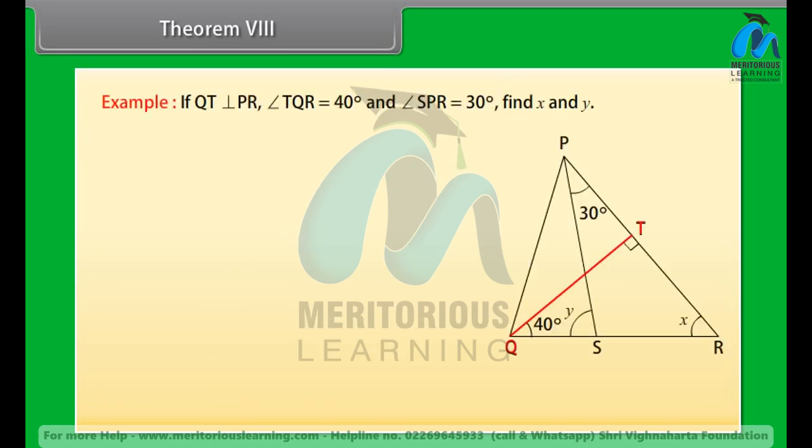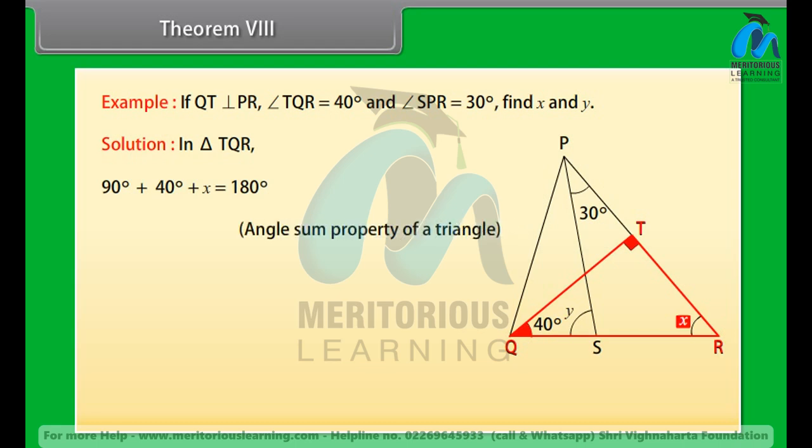If QT is perpendicular to PR, angle TQR is equal to 40 degrees and angle SPR is equal to 30 degrees, find X and Y. Solution. In triangle TQR, 90 degrees plus 40 degrees plus X is equal to 180 degrees because of the angle sum property of a triangle.